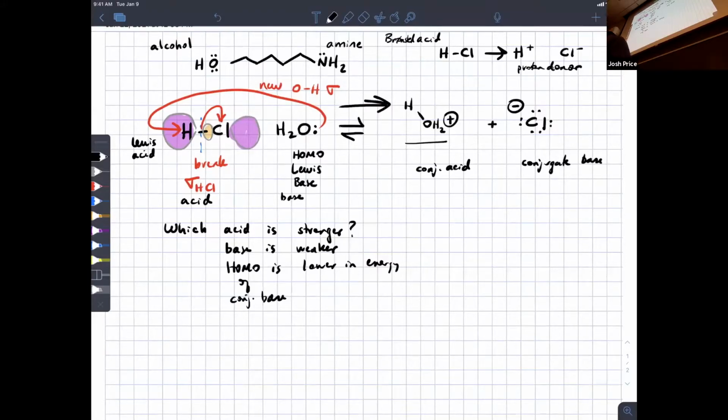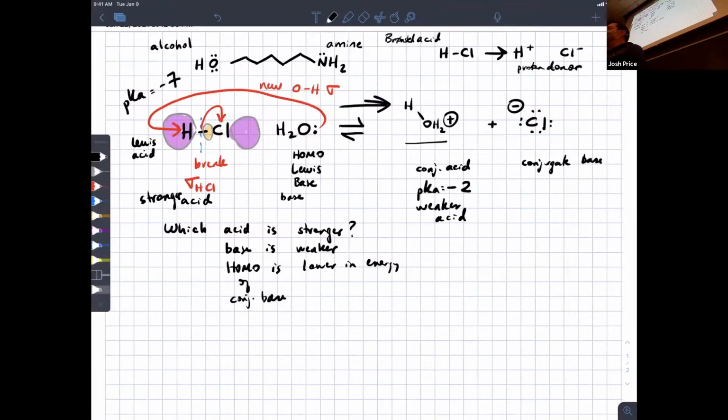The pKa of HCl is like -7, whereas the pKa of hydronium is -2. So that means that HCl is the stronger acid, and it's a stronger acid by a factor of like 100,000 times. So that tells you, if HCl is the stronger acid and H3O plus is the weaker acid, what does that tell you about the reactivity of the conjugate bases?